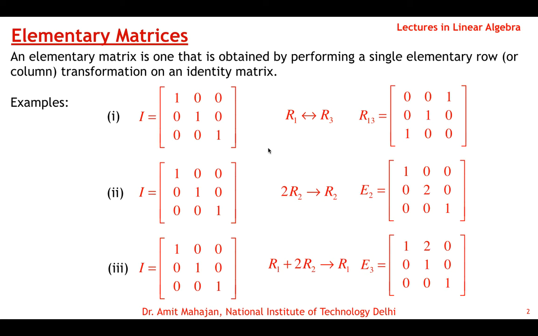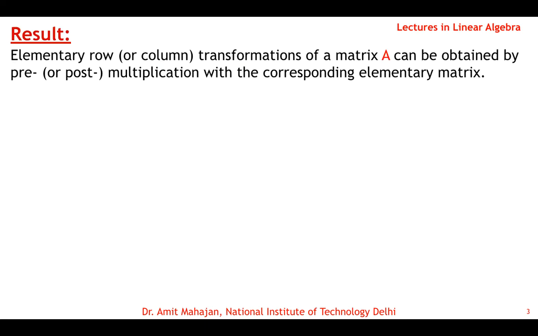Now this elementary matrix will benefit us in this sense: the elementary row or column transformations of a matrix A can be obtained by pre or post multiplication with the corresponding elementary matrix. What we mean is that if you are given a matrix A and I apply any elementary row transformation on it, that can be obtained by pre-multiplication with the corresponding elementary matrix.